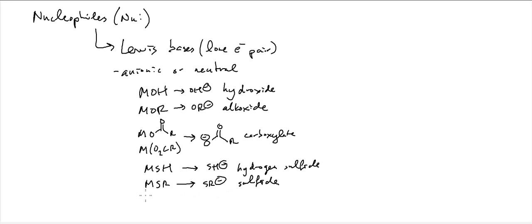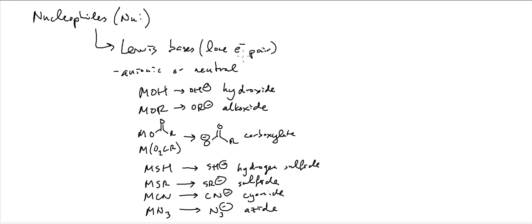And other common ones we see are MCN, which gives us CN minus. This would be a cyanide. And some of these are polyatomic ions that you should recognize, such as CN minus. We also have MN3, which gives us the N3 anion, which is called azide.